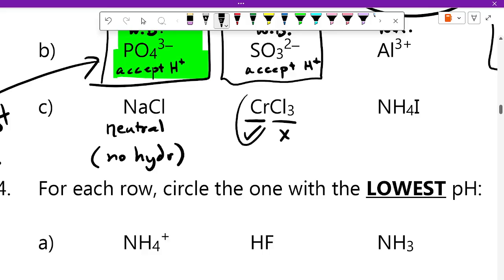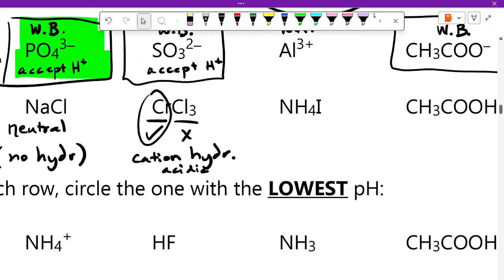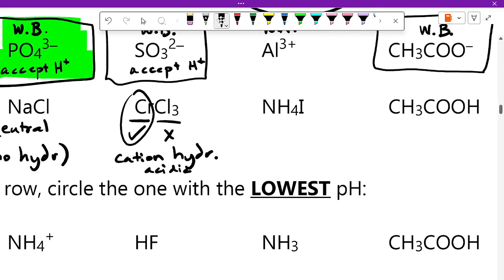No, so we have cationic hydrolysis, and therefore it will be acidic, basic, or neutral? Acidic. NH4I, does NH4 hydrolyze? Yes, it is one of the four, ammonium. How about I-? No, and since it's cationic hydrolysis, it is acidic.